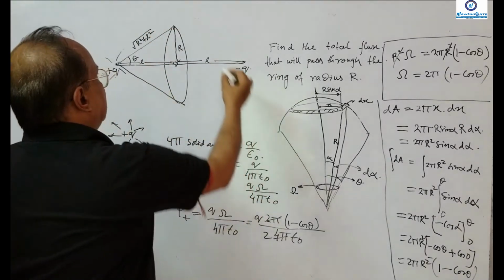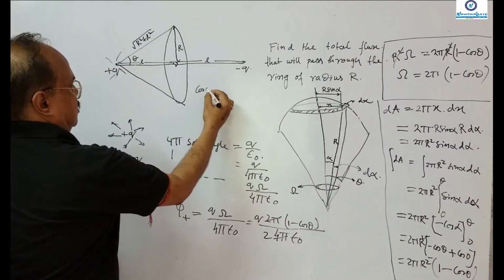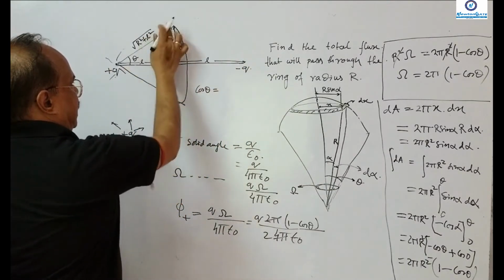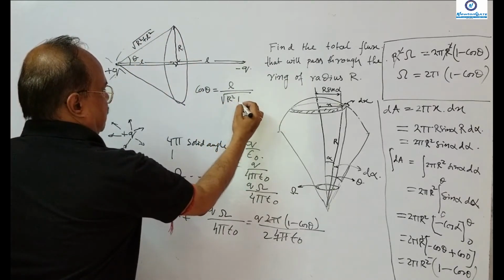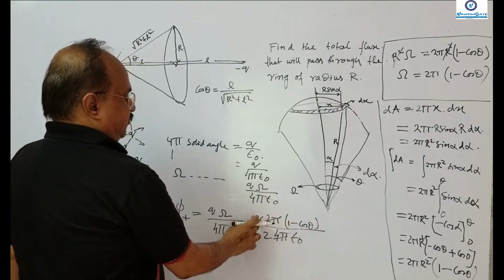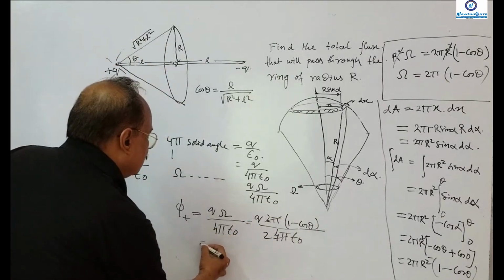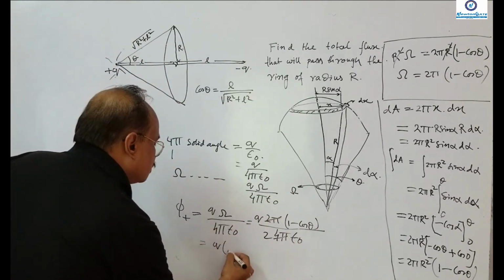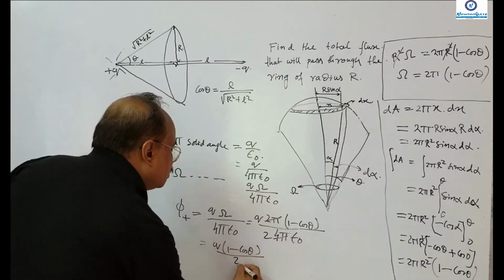Cos theta is base by hypotenuse, that is L by root over R square plus L square, and we can replace it, but let's do the final. We get Q into 1 minus cos theta divided by 2 epsilon naught.